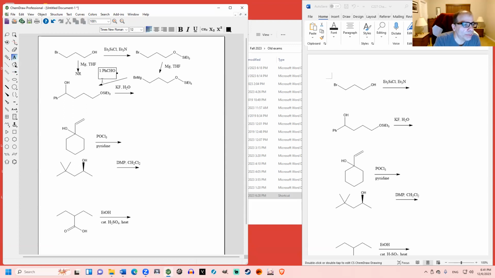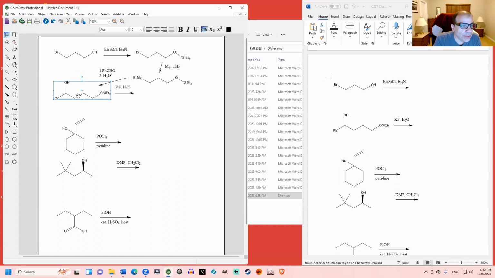CHO means aldehyde group, followed by dilute aqueous acid workup. That's exactly the compound you would get. So this is good practice for synthesis problems also.